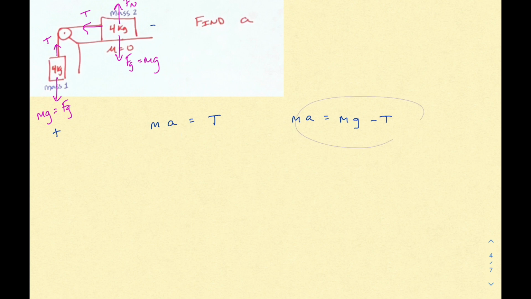So copying this down here and getting rid of this tension, we've substituted in. So I can add this over to the other side, and this becomes 2MA is equal to mg.